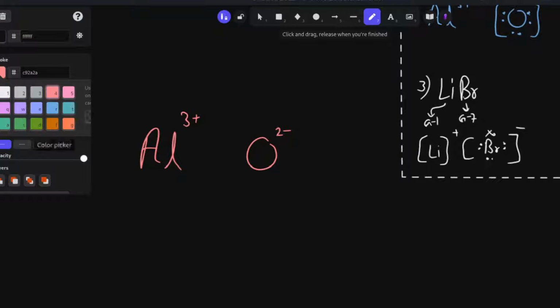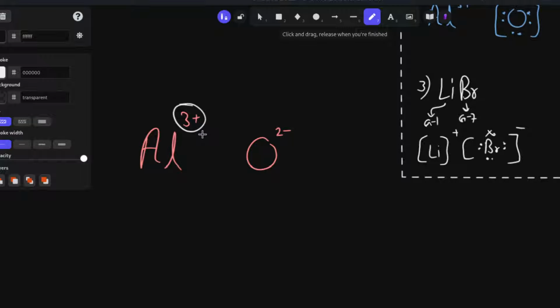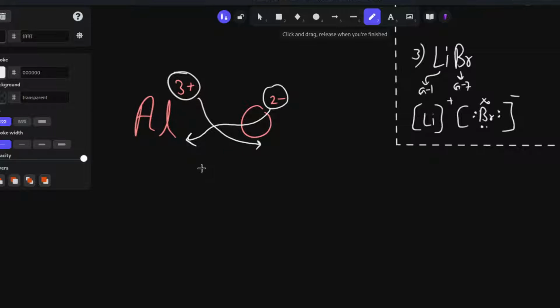The next thing that you will do is take this charge right here, and you will take this charge and exchange it to this position, and you will take this charge and change it to this position right here. Make sure to remove the signs.